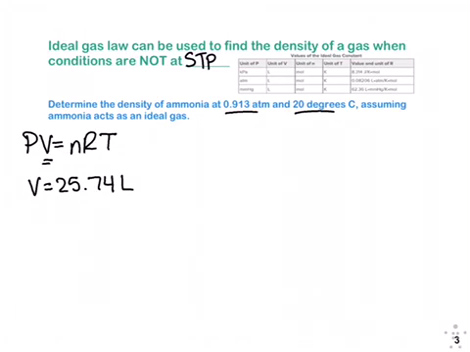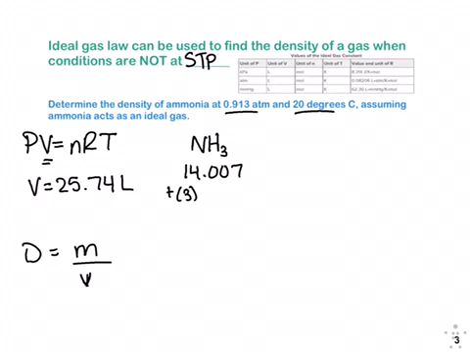Determine the density of ammonia at this pressure, at this temperature, assuming that it acts as an ideal gas. So density is mass over volume. And the mass is not given to us, but ammonia is NH3. So we can use our periodic table and say, all right, nitrogen's 14.007 plus 3 times hydrogen, which is 1.0079.